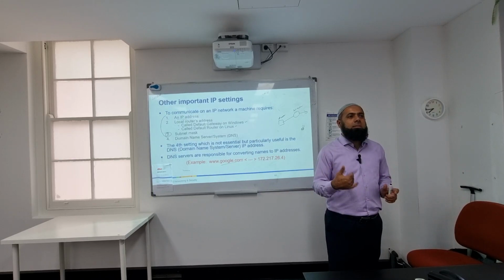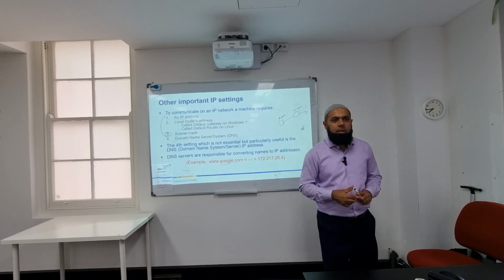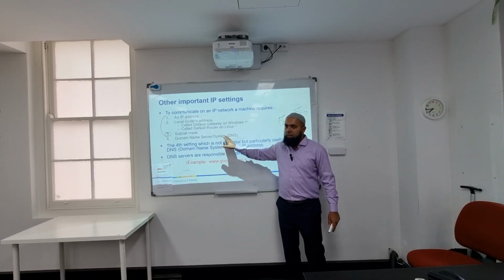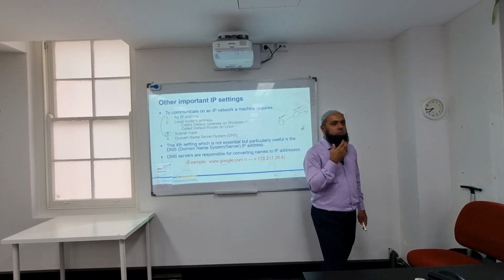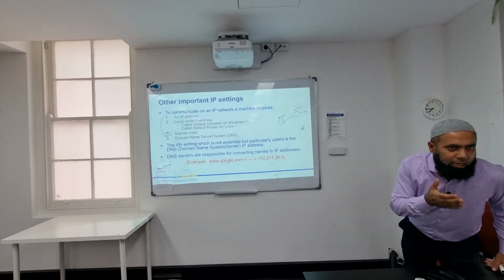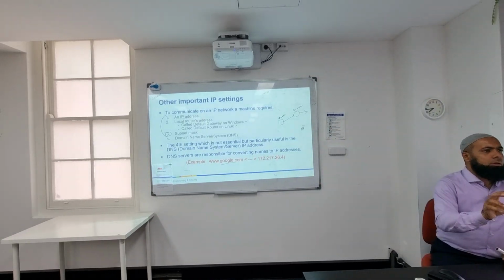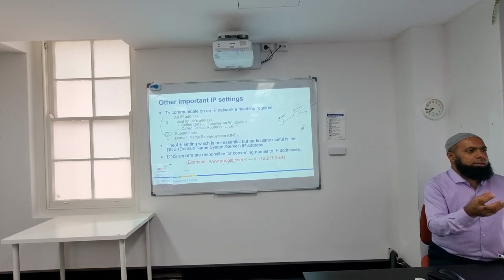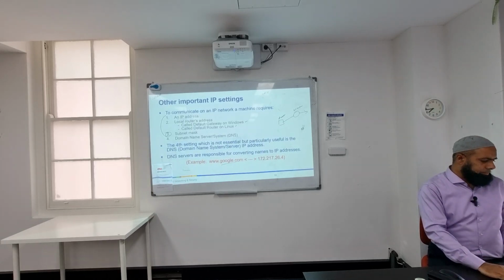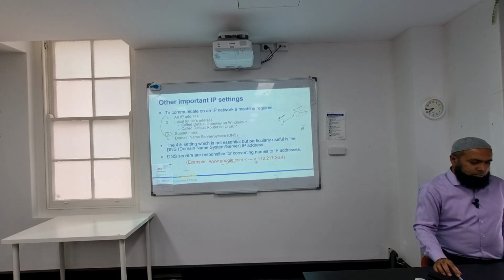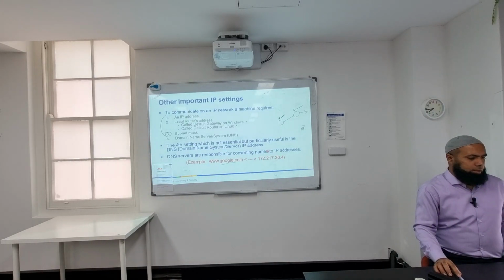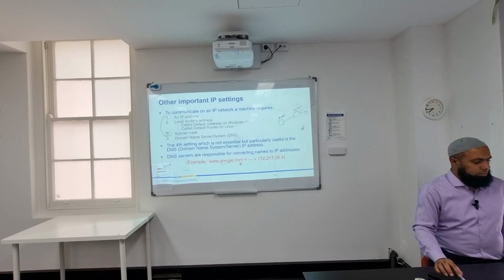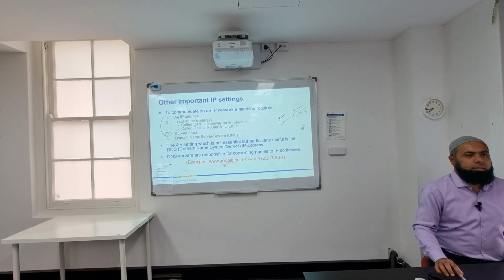So for us, it's easy to remember names. That's why the main job of the domain name server is to convert the IP address into human-friendly letters that we understand easily. So google.com is equivalent to this number. It's hard to remember the number, but everyone remembers the name easily.